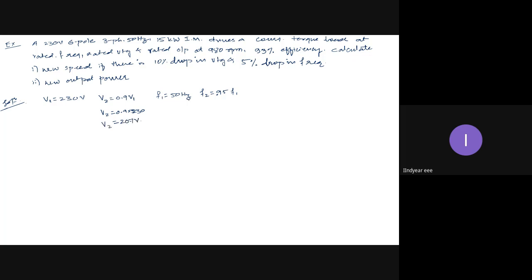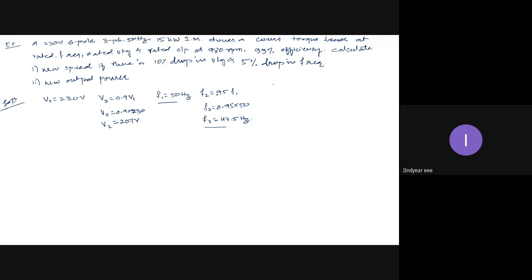Then frequency F2 is 0.95 of 50. 5% of 50 hertz is 2.5 hertz, and 50 minus 2.5 is 47.5 hertz. So when the frequency is changed from 50 hertz to 47.5 hertz, the synchronous speed will also change.